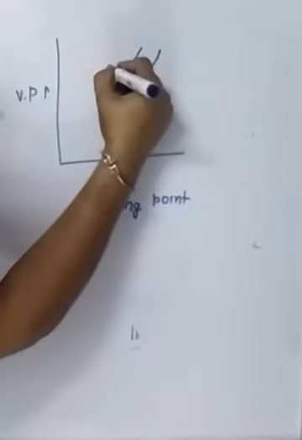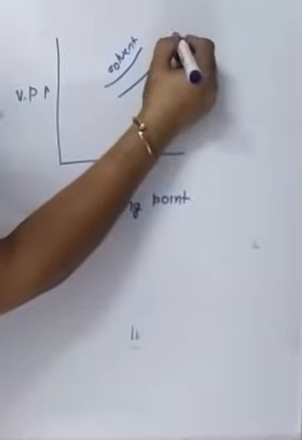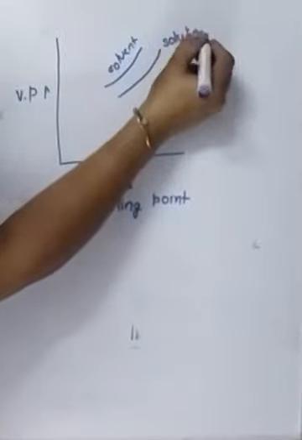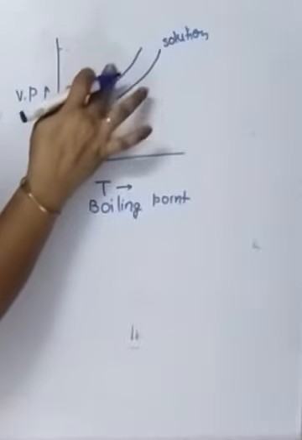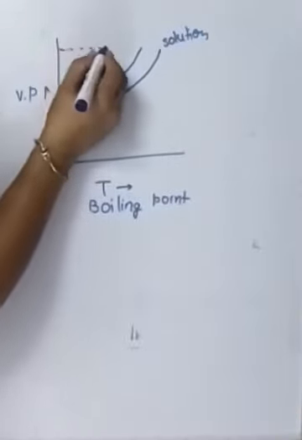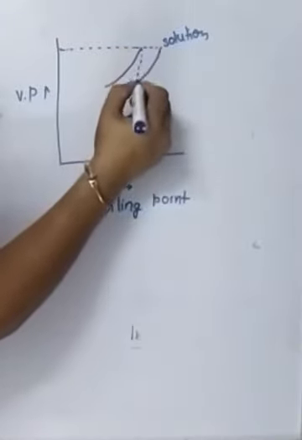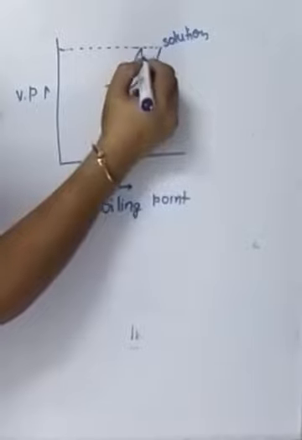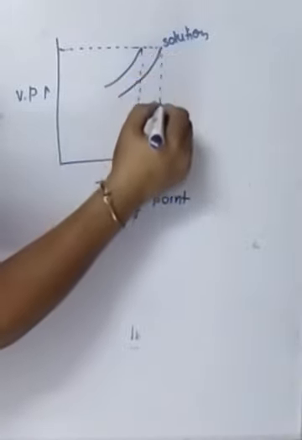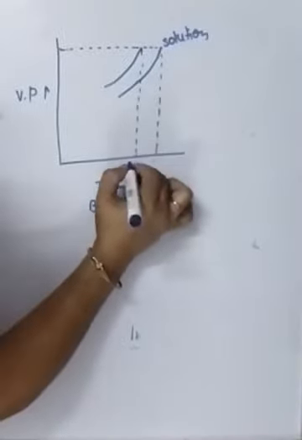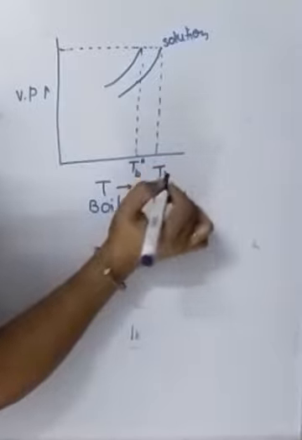This curve is for solvent and this is the curve for solution. If you see the maximum point of the two curves, this is the value for Tb naught and this is the value of Tb.